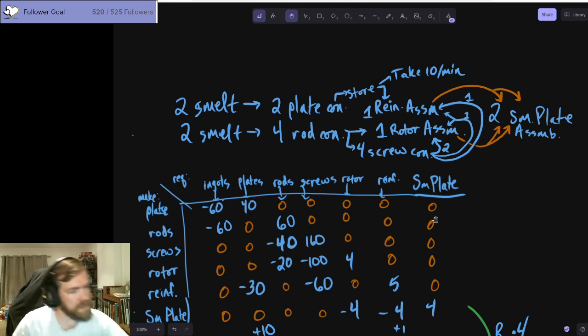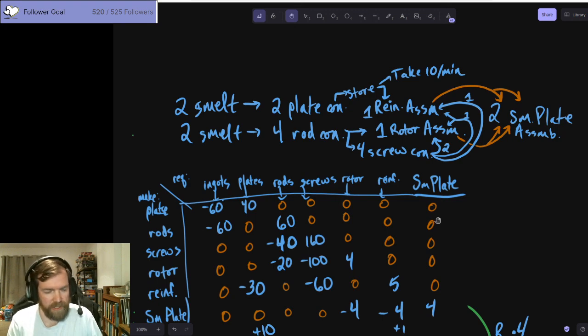We're going to start up Satisfactory and actually implement this and see how it goes, because in theory, this should work.